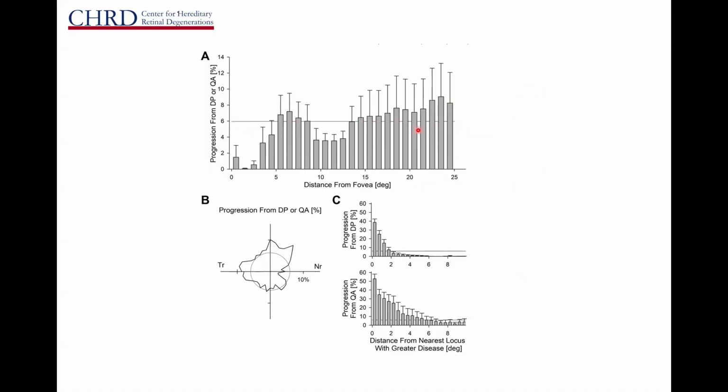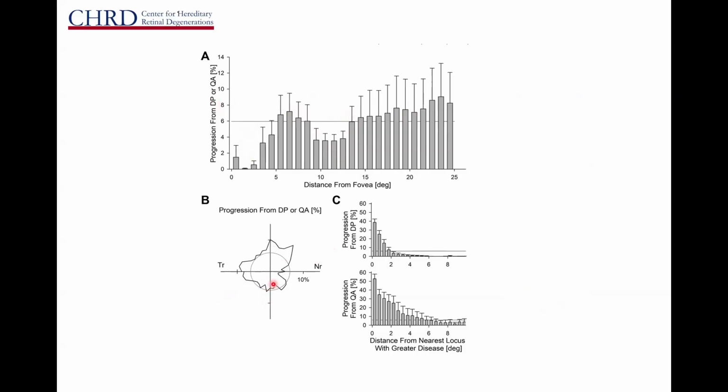And compared to the average, what we see is the macula is less than the average, because typically macula is retained in retinitis pigmentosa. Perimacular area is less than the average also, because that often is very degenerate and there is no progression to see. The areas of progression that are more than average are in the peripheral regions, as well as immediately at the edges of the macula. So that's kind of somewhat understandable.